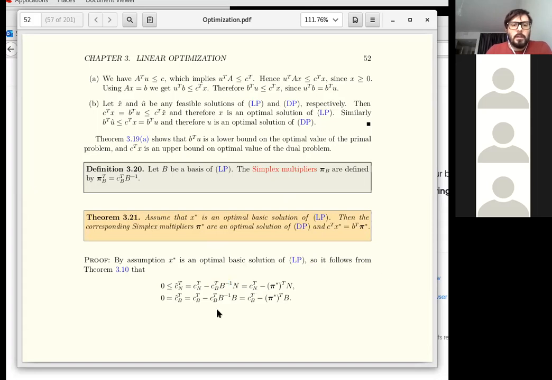And then if we look at the other part, where we have C_B transpose minus C_B transpose B inverse B, this is simply zero because there's B inverse times B here. That's the identity matrix times C transpose. So this is a zero vector, and this is C transpose_N minus the simplex multipliers times N.